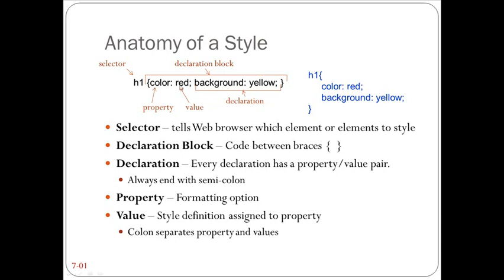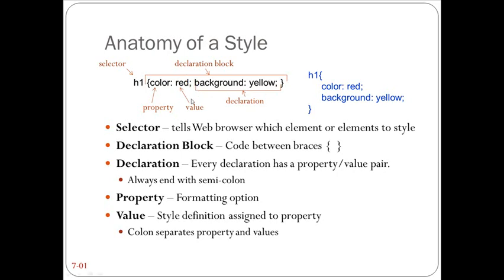The color's value is red. The background color is going to be yellow. Now notice that there's no equal sign here. We separate the property and the value with a colon. We also separate each name value pair or property value pair with a semicolon.